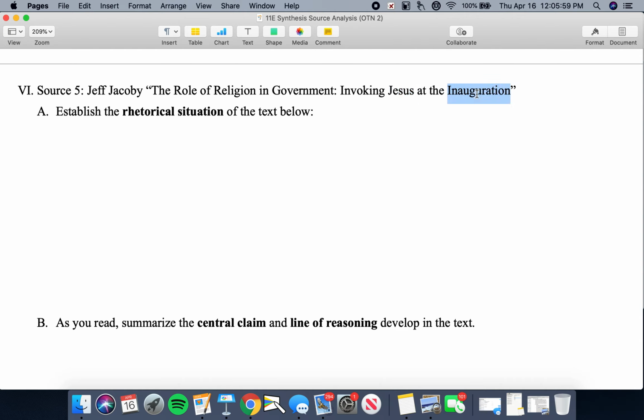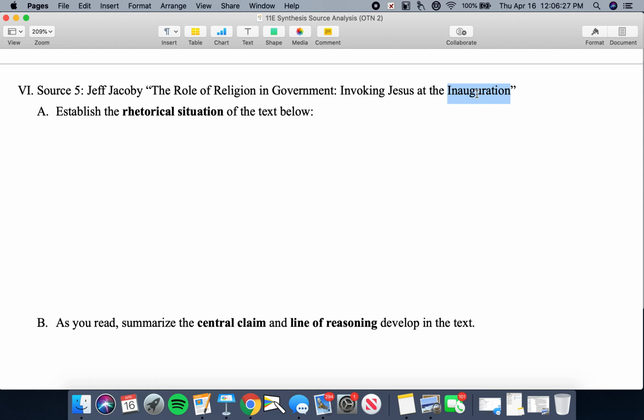Oftentimes there are prayers at presidential inaugurations, but many times those prayers are offered up to a kind of vague deity, just God, not necessarily Jesus Christ or Allah, God of the Prophet Muhammad.